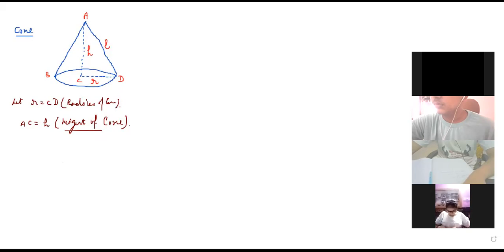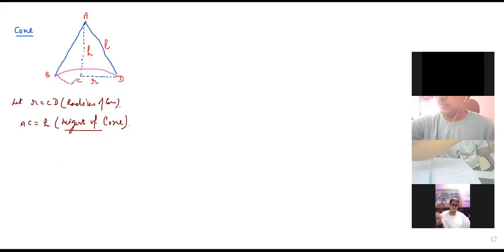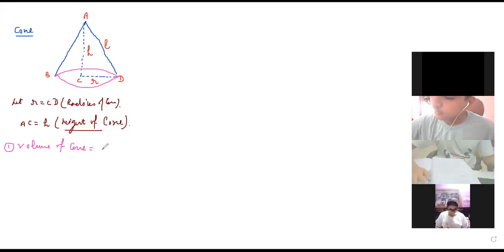I have drawn this bottom with a different color. So first, the first formula is the volume of the cone.